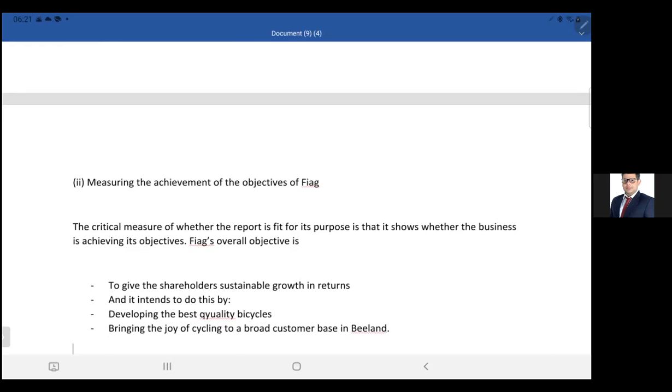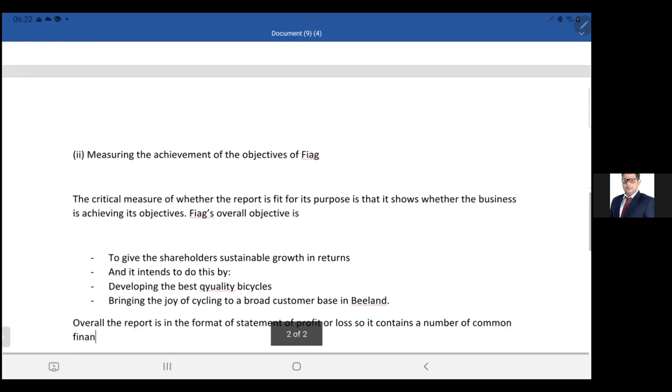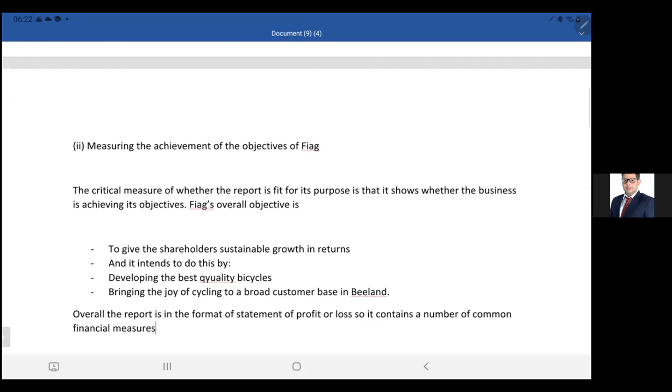So overall, the report is in the format of a statement of profit or loss. So it contains a number of common financial measures, but these are only loosely connected to the stated mission.